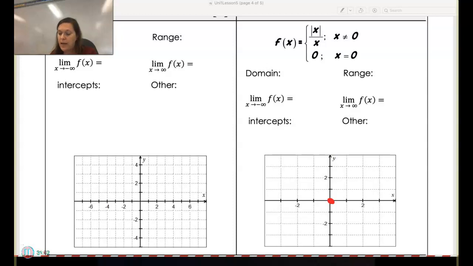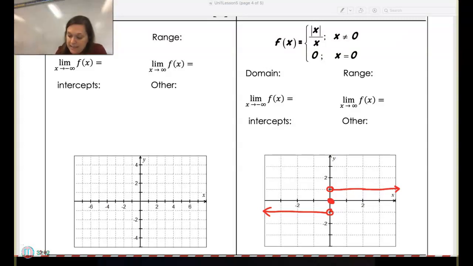And then when it's not equal to 0, it's just always going to be 1, because anytime you take the absolute value of itself, divided by itself, it's going to be positive 1. And anytime you take the absolute value of a negative number divided by itself, it's going to be negative 1. So your graph looks like this.